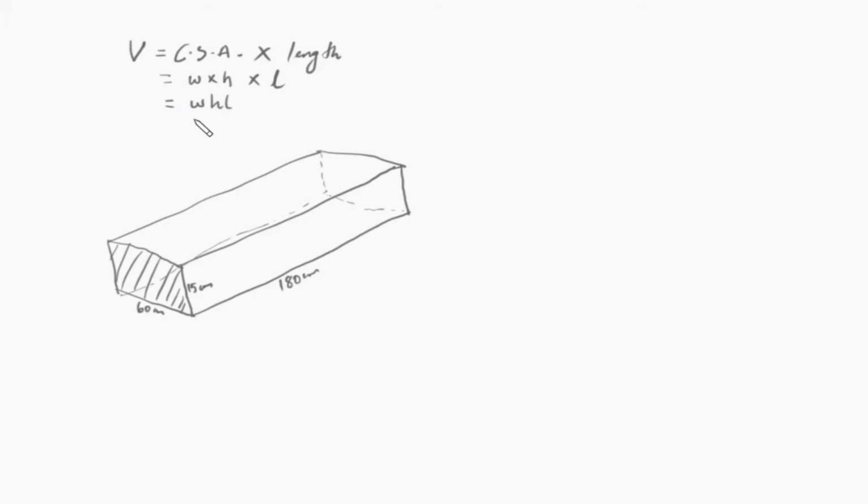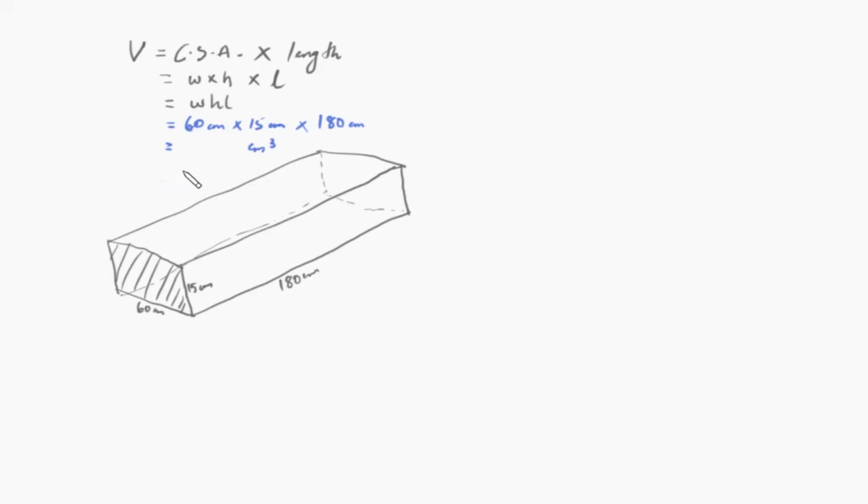Now, all we need to do is substitute here. W, which is the width, is 60 centimeters. We multiply it by the height, which is 15 centimeters. And then we multiply that by the length, which is 180 centimeters. So centimeter by centimeter by centimeter will be centimeters cubed.